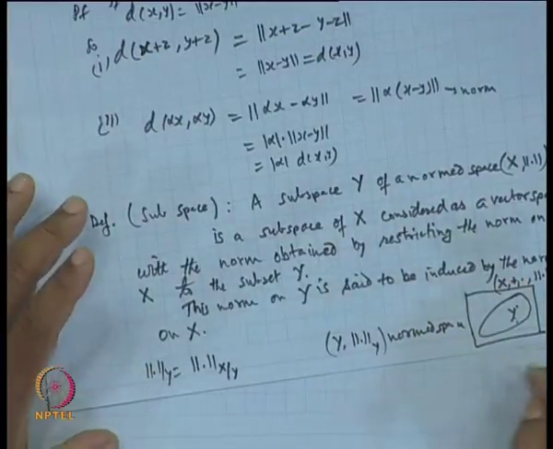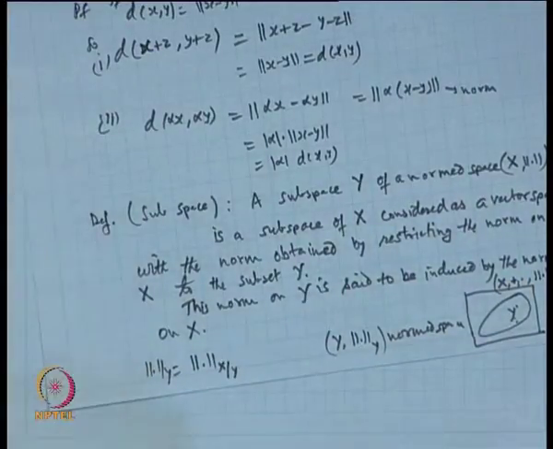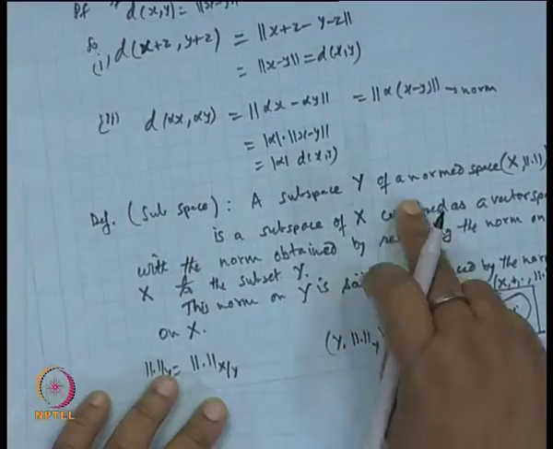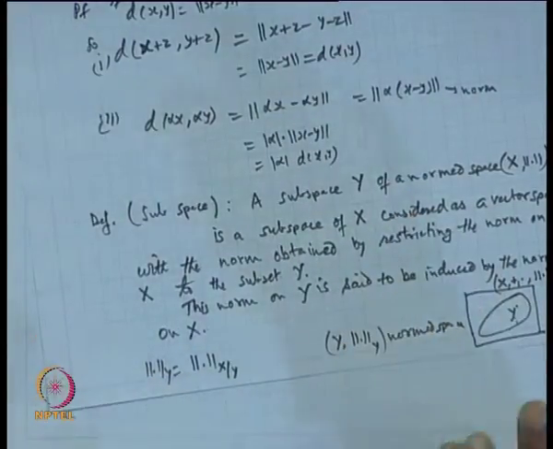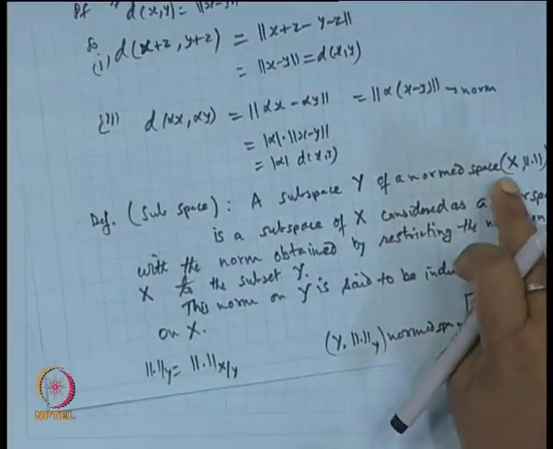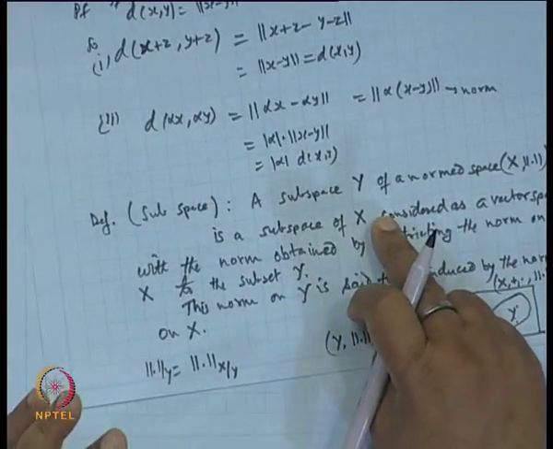Then how to define the subspace of a Banach space? A subspace of a Banach space should be simply a subspace of that space. If X is complete, Y need not be a complete space. Okay?